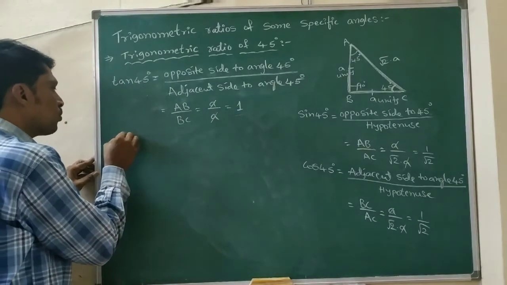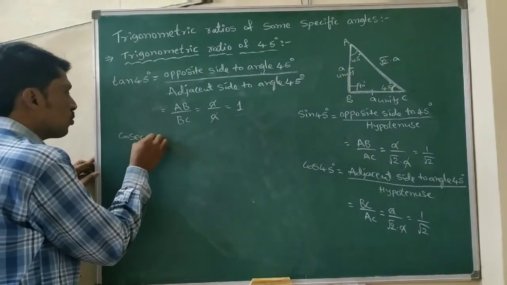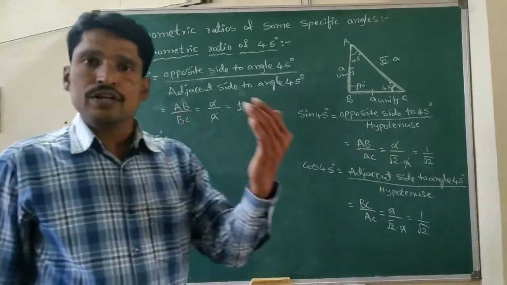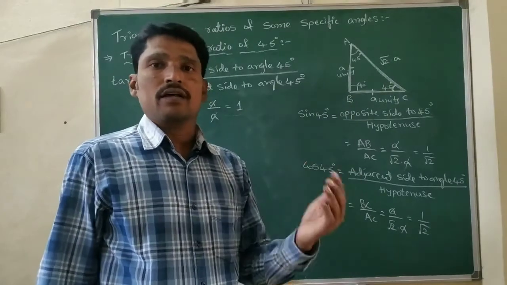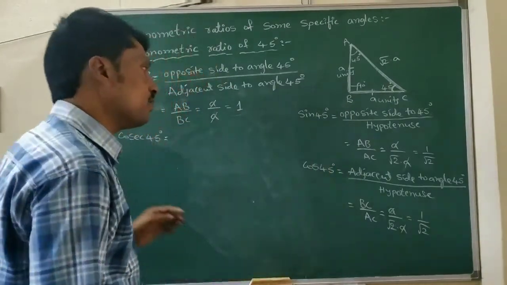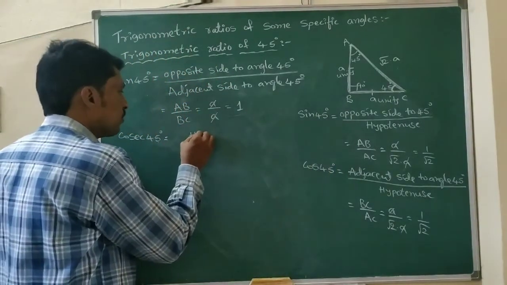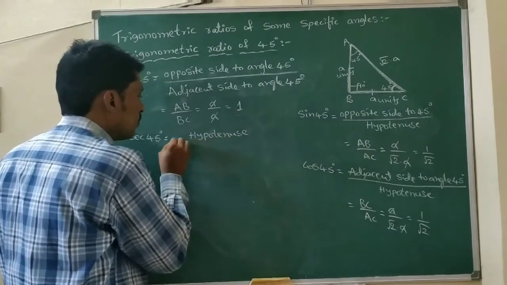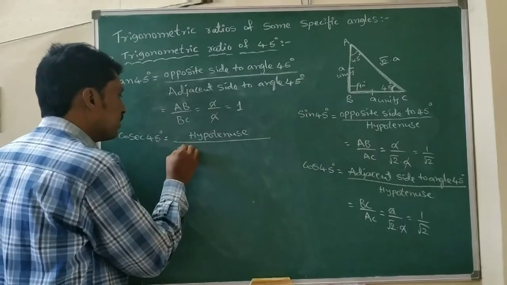Next, cosec 45 degrees. What is cosec? Hypotenuse by opposite side to angle 45.